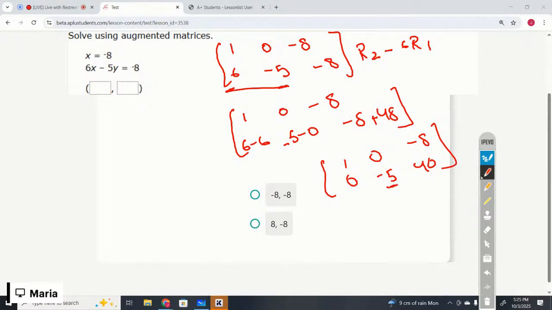Now we need to make 1 here. We need to divide by negative 5. So we get 1, 0, negative 8 and 0, 1, negative 8.